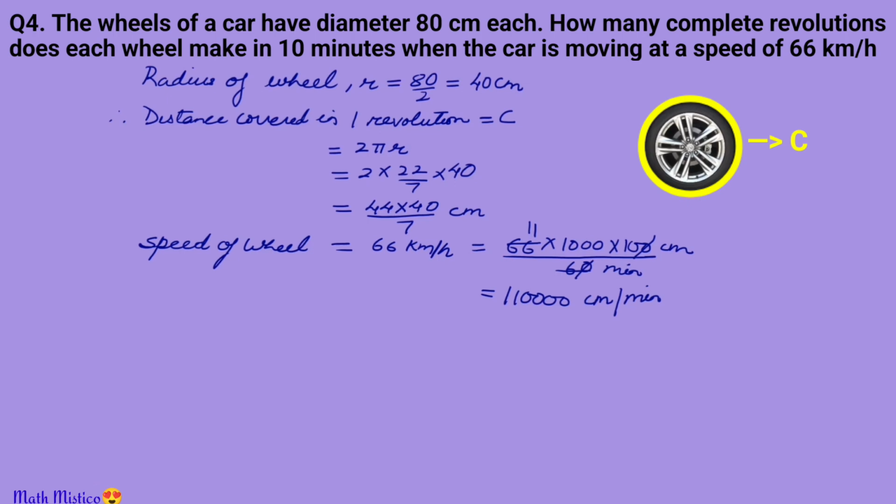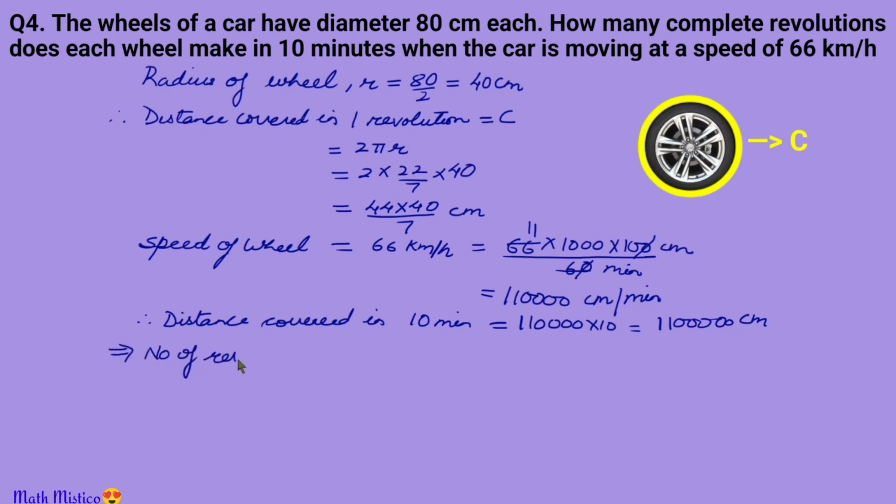Now we are asked to find the number of revolutions in 10 minutes. So let us first find the distance covered in 10 minutes, which will be this into 10. Number of revolutions is equal to total distance covered upon distance covered in one revolution.